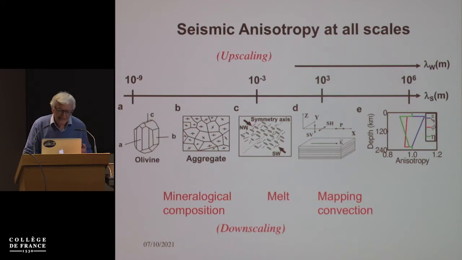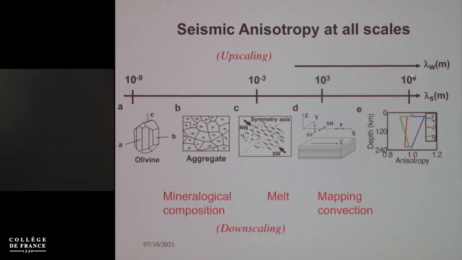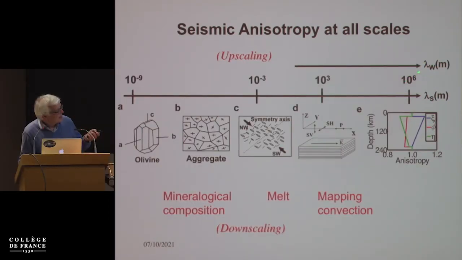So it is present at all scales. We have to understand 15 orders of magnitude, but of course, what we observe is only from seismic waves. Lambda W is the seismic wavelength, and you see the 15 orders of magnitude, and we only have access to the longest wavelengths.